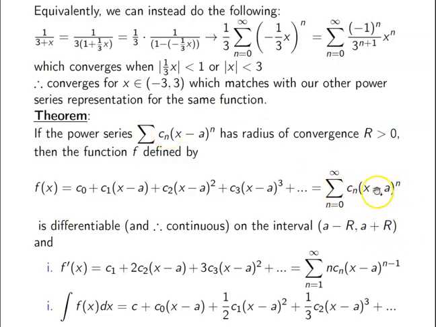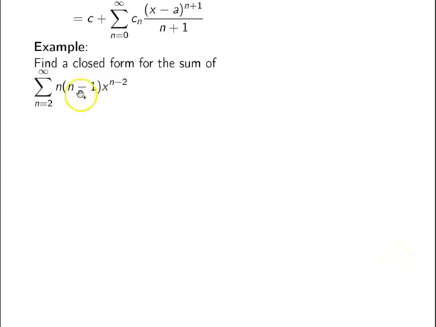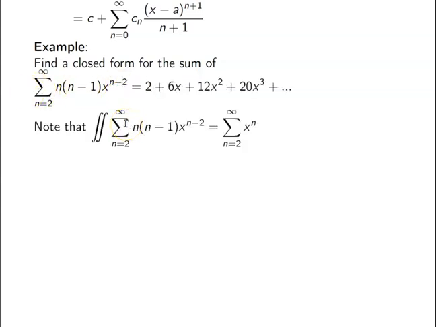If this is a power series and this is the first derivative, if I differentiate again, I get n times n minus 1, dropping down c_n times x minus a to the n minus 2, which is exactly my example, except I'm centered at 0. So it's very obvious that if I integrate this twice, I get back to the power series.